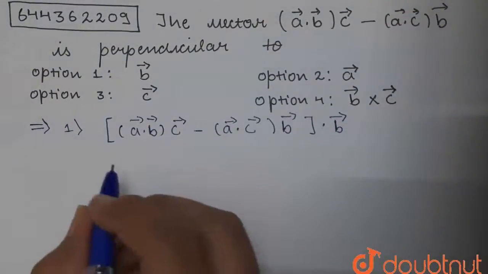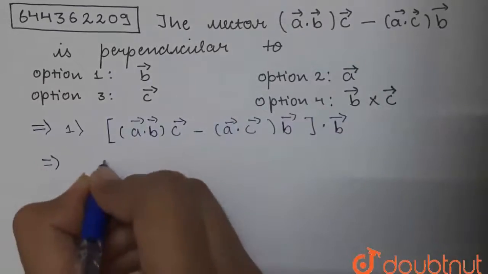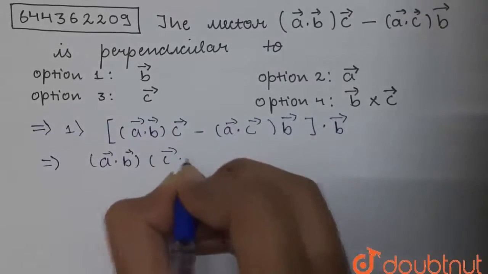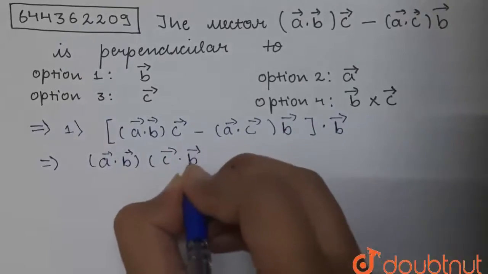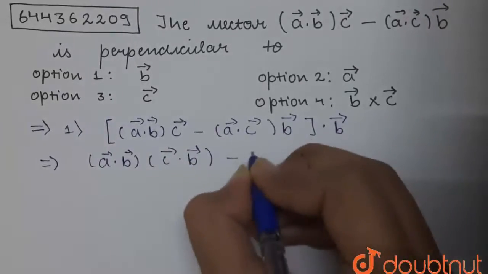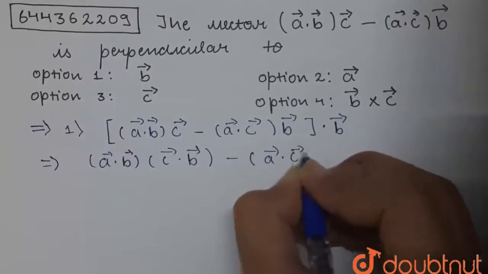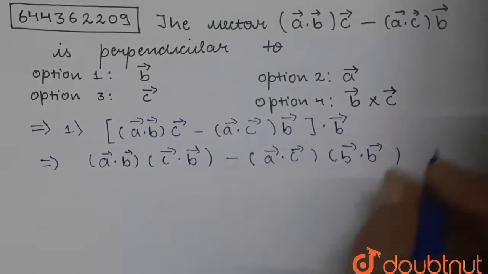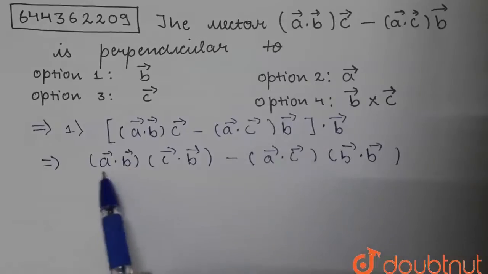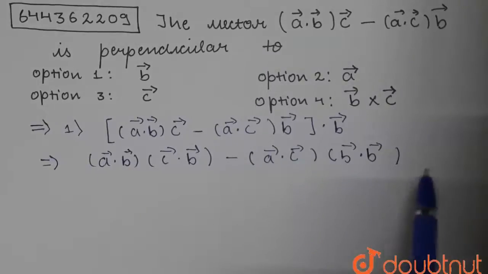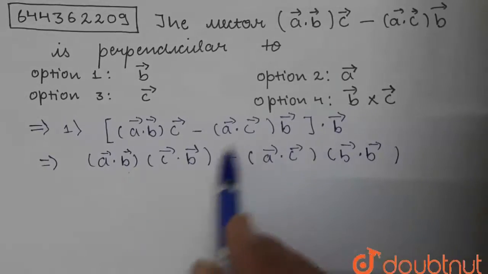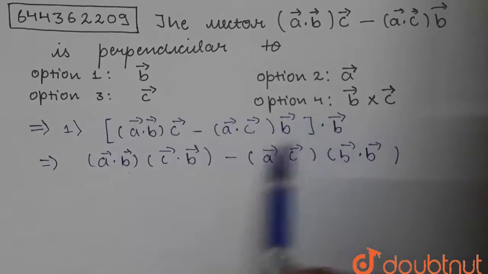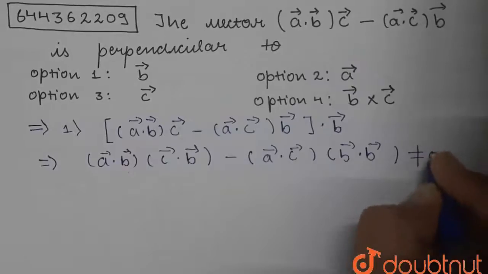So we will get here (a · b) into (c · b) minus (a · c) and here we will have b · b. See here, no two vectors are same. This is a dot b, c dot b, a dot c, b dot b. So it is obvious that they will never cancel out and give us the result equal to 0. That means the dot product of this vector with this is not coming equal to 0. So this is not perpendicular.